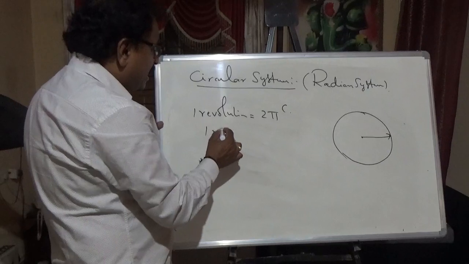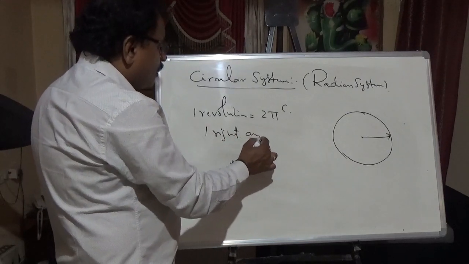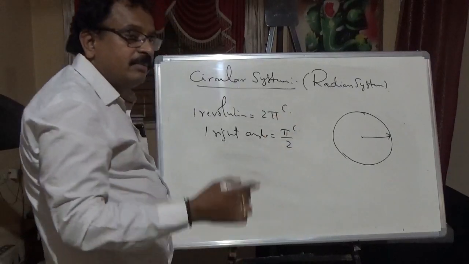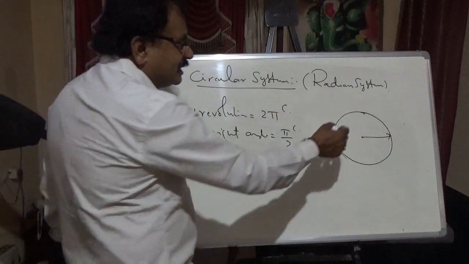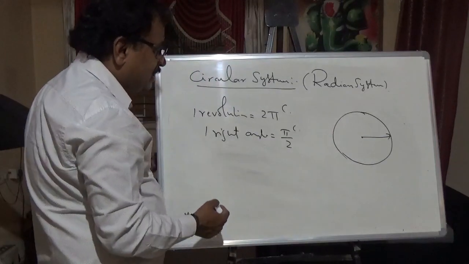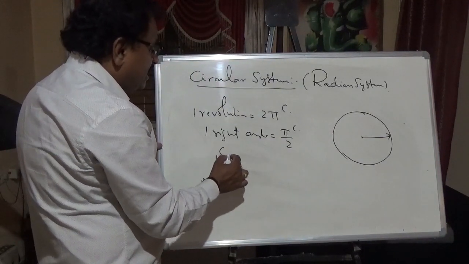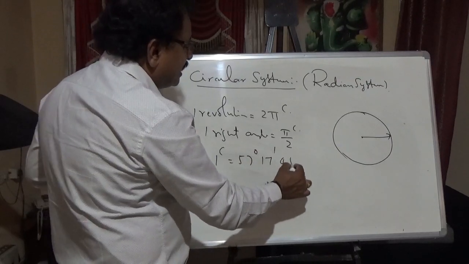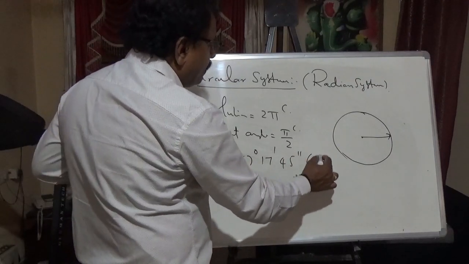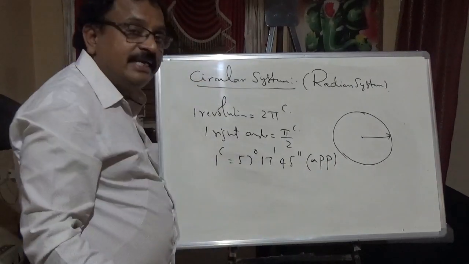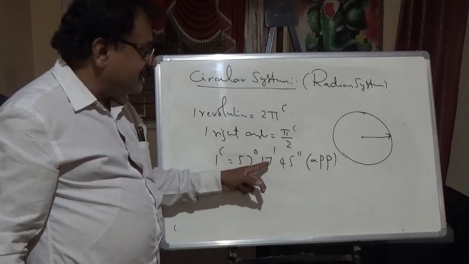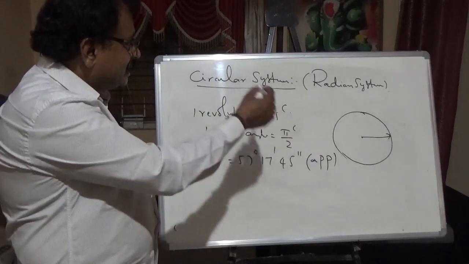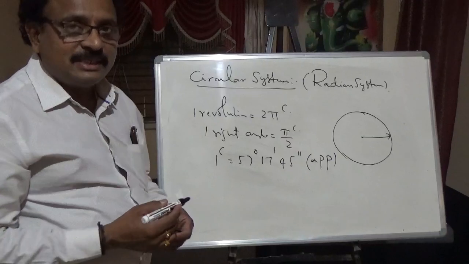One right angle is pi by 2 radians, because 2 pi divided by 4 parts. 1 radian is 57 degrees 17 minutes 45 seconds approximately. Please remember this. This system is called circular system.